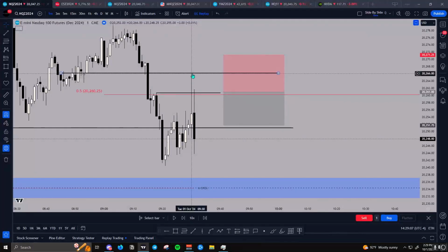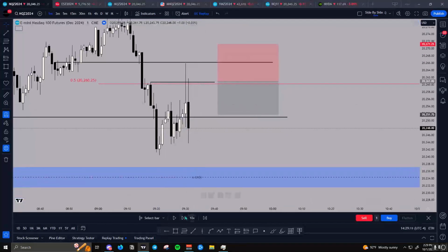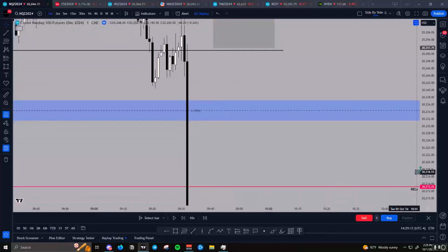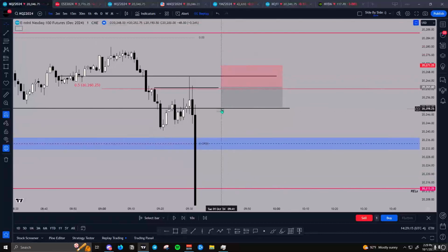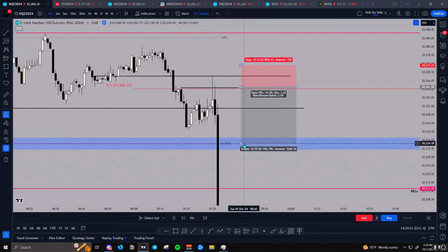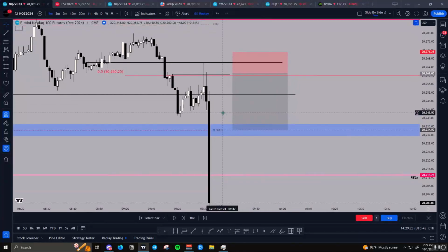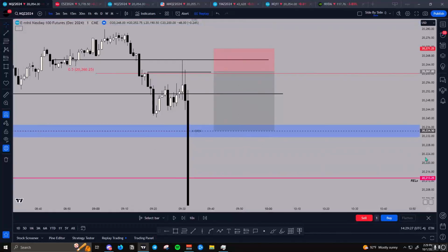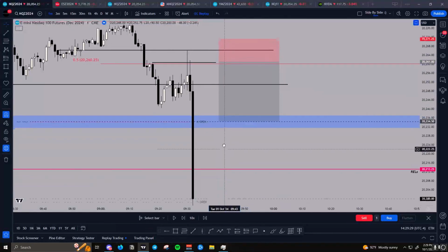But this is exactly what happened, right? 930 Judas swing, pop up, and guess what? Boom. All take profit smashed in 2 minutes. So first TP was pretty much the CE of this 5-minute fair value gap, just because, like I said, MyFunded starter account, I have to be conservative with the amount of money I make on that account.